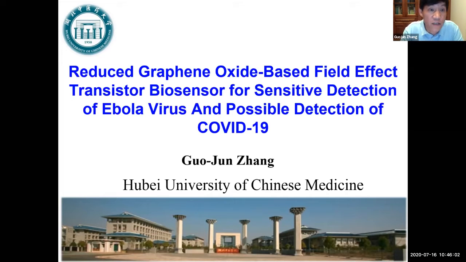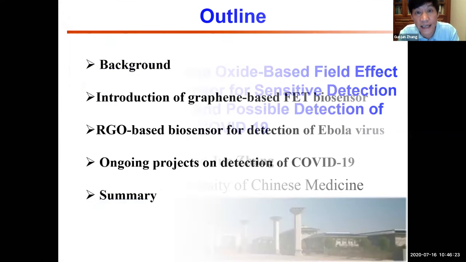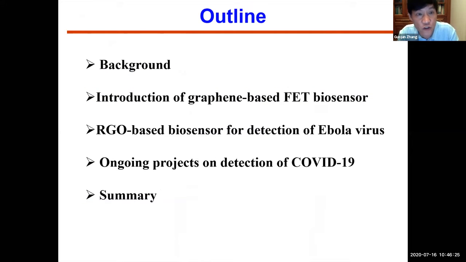So today I would like to present to you a reduced graphene oxide-based field effect transistor biosensor, which can be used for sensitive detection of Ebola virus and possible detection of COVID-19. Today's presentation outline is shown here. First of all, I would like to talk a little bit about the background on COVID-19.